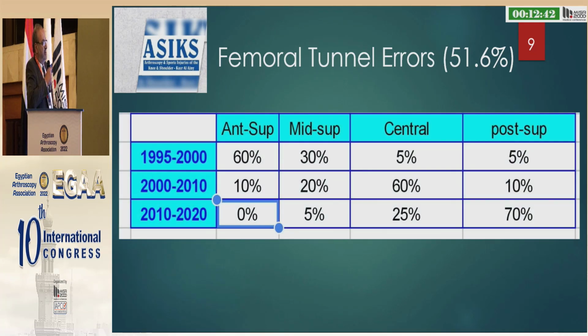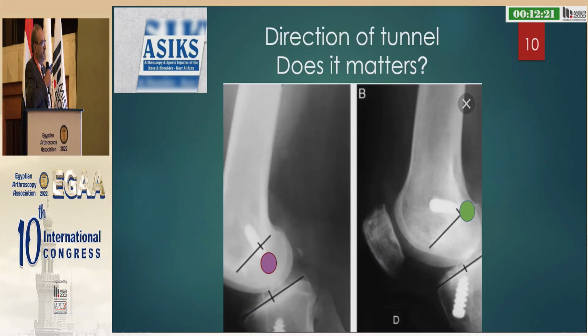In early reconstruction, during 1995 to 2000, we found that anterior position at the femoral site was the most important. Declining to 2020, we found that the area of anatomic reconstruction has improved, but still it has some superior position.